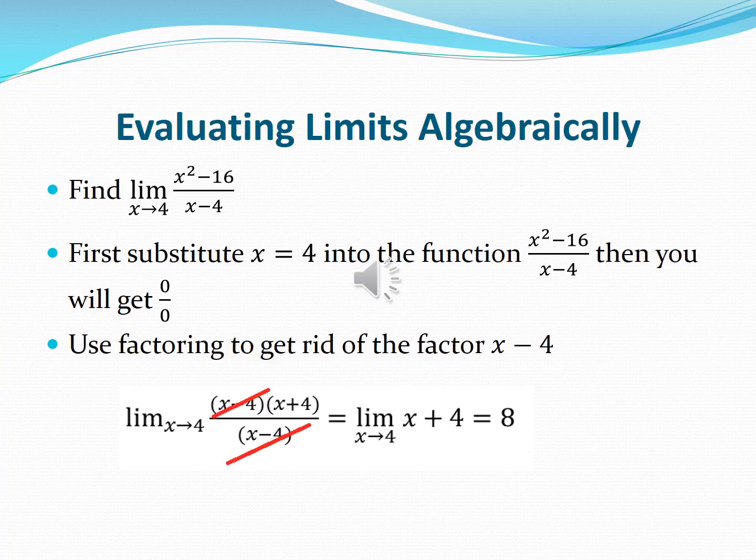So we also evaluate limits algebraically as follows. If they ask you to find the limit of (x squared minus 16) over (x minus 4), first we substitute x equal to 4, so we get 0 over 0, and then we use difference of squares, so then we have (x minus 4) times (x plus 4) over (x minus 4).